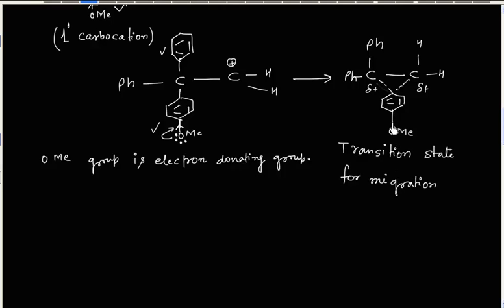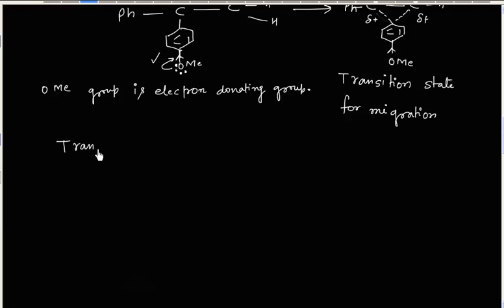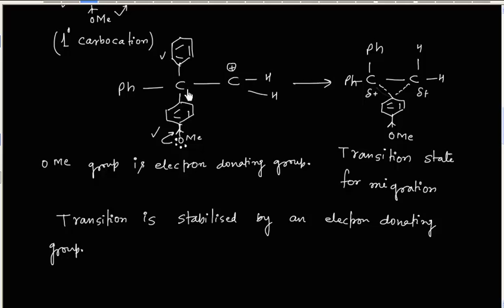This transition state will be stabilized if I have a group that can donate electrons to the benzene ring. So the transition state is stabilized by an electron donating group. And this is the reason phenyl does not migrate, but phenyl that contains the OMe group migrates, because this makes the transition state more stable.